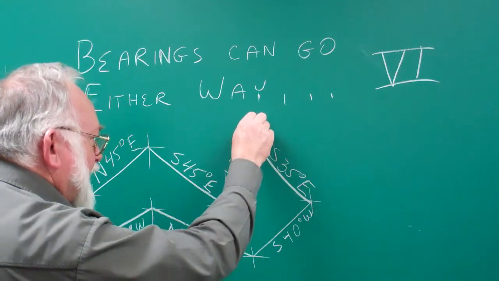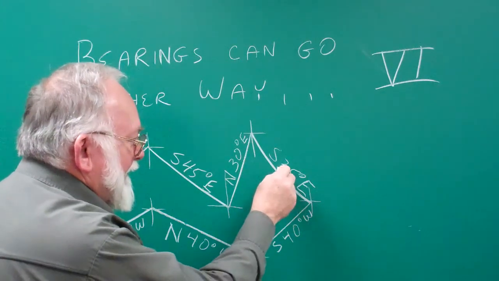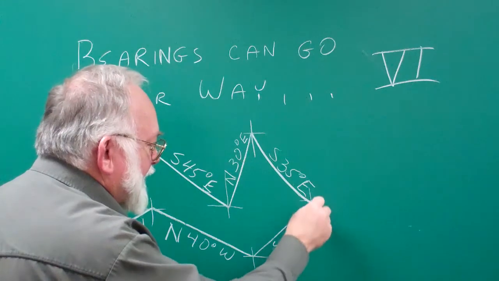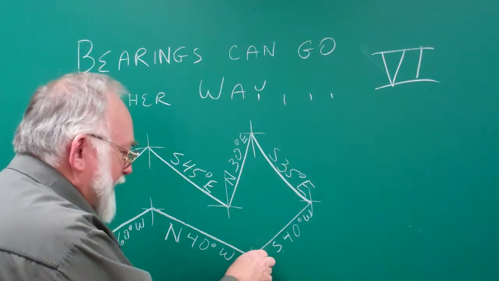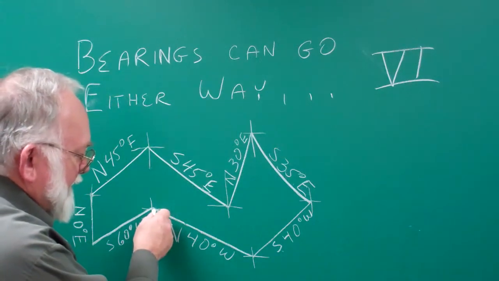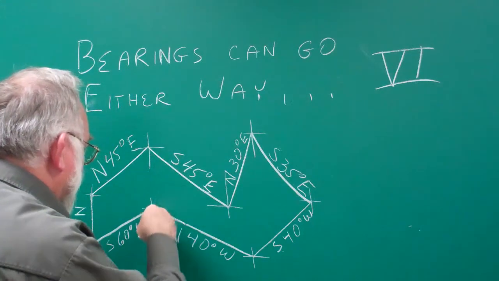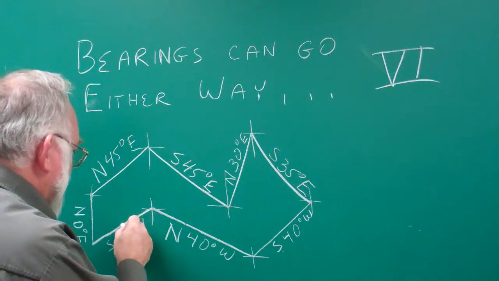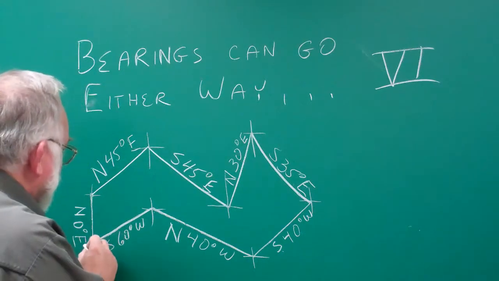And then we got here north 30 degrees east, and that's sort of an exaggeration. So south 35 degrees east. Then we change direction and go south 40 degrees west. And then north 40 degrees west. That's coming from there. And then south 60 degrees west. And then north 0 degrees east.